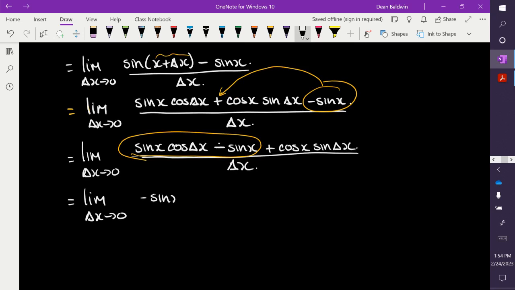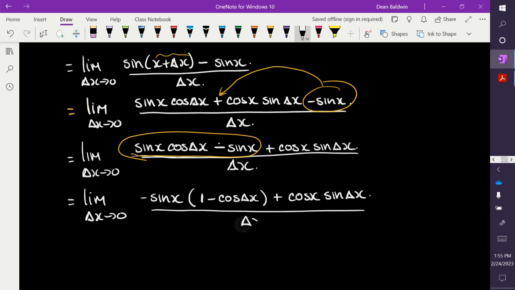So if I pull a negative sine x out, I'm left with, this part here will become positive 1, and I'll be left with minus cos delta x. Is that okay for everybody? Okay. And it's over delta x.